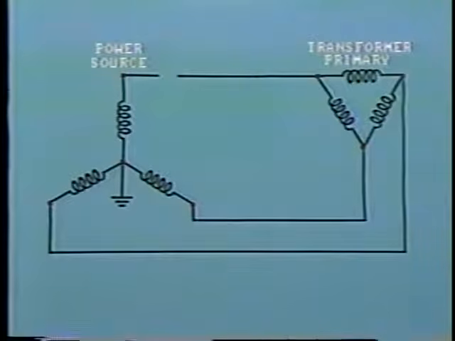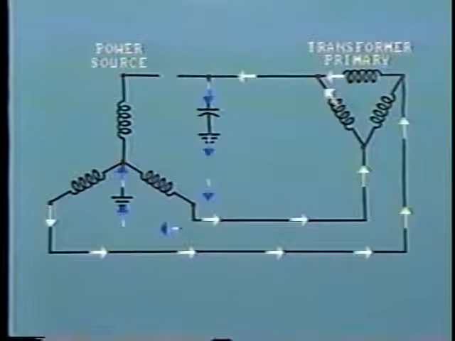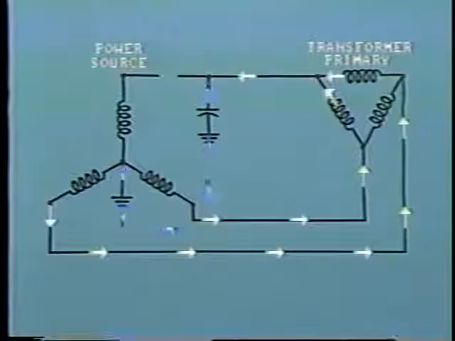This situation can also occur where the lineman opens feeder switches one phase at a time. In the interim period, the transformer is still connected to the other two phases, and currents will circulate in this manner. The return path to ground is through the capacitance of the open line.